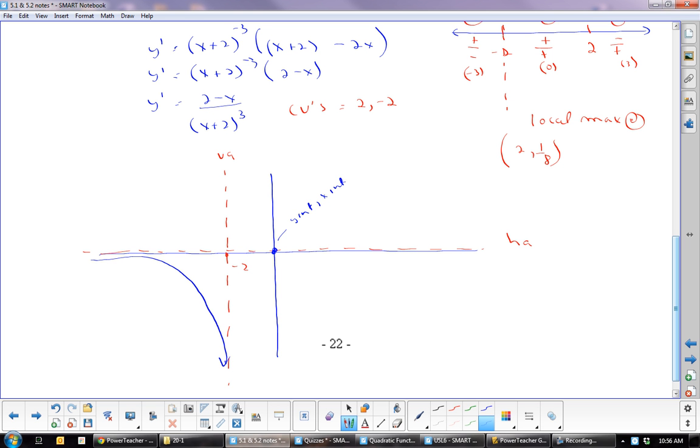And I'm going to find a max at 2 comma, say like 1/8. And as I go to infinity, I'm going to be leveling out to 0. So just kind of want to have a max there. Does that make sense? Awesome. Okay.